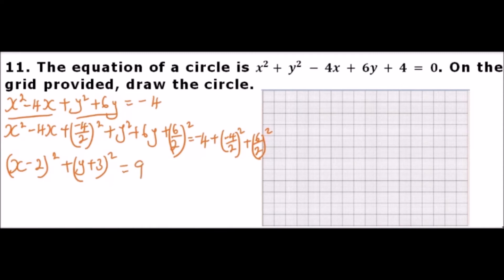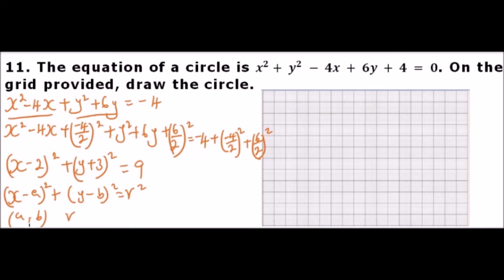And we know the equation of a circle normally is x minus a squared plus y minus b squared is equal to r squared. That is the equation of the circle, where a, b is the center, and r is the radius.